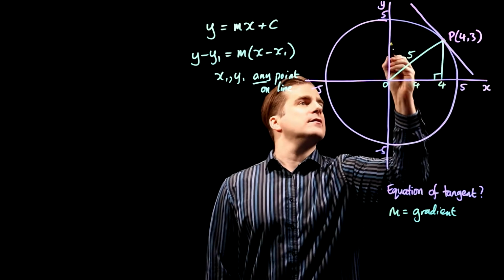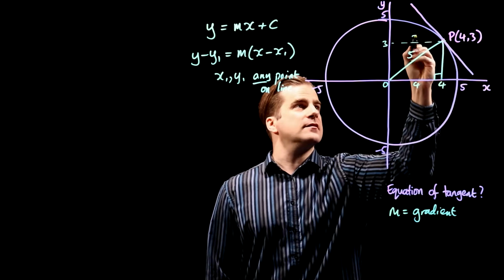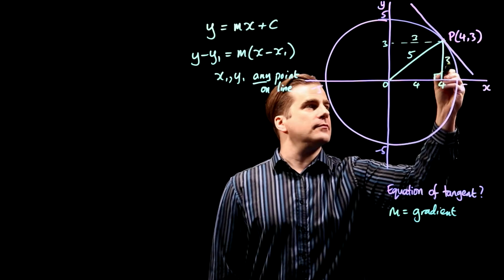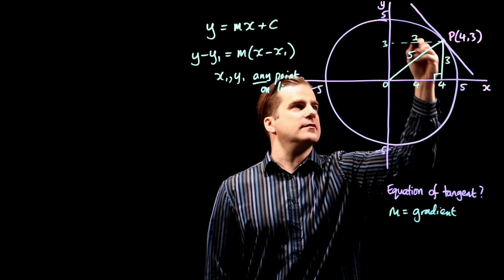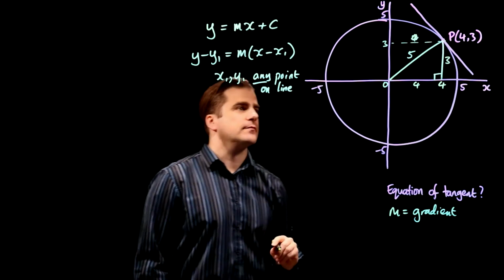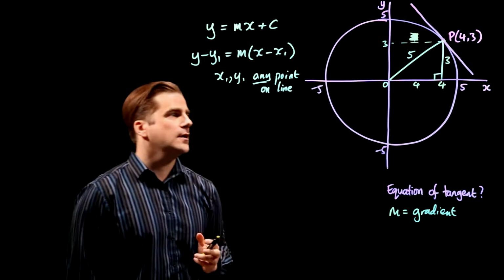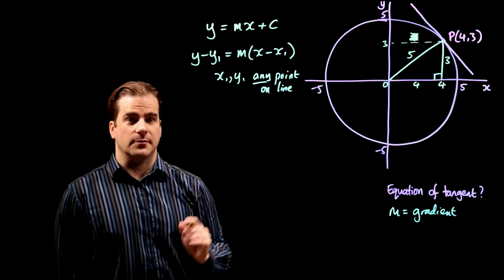Same here, that's y equals 3, so that distance is 3. Sorry, that distance is 4 actually. That distance is 3. Ignore that. It's a 3, 4, 5 triangle, Pythagoras.